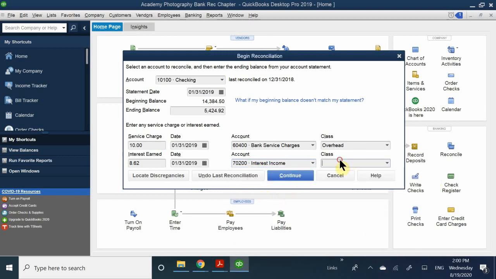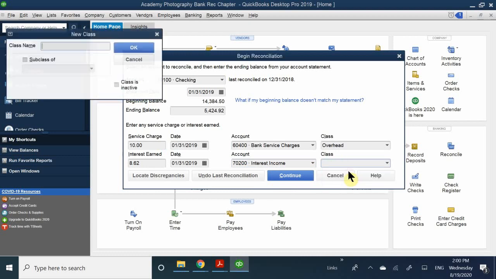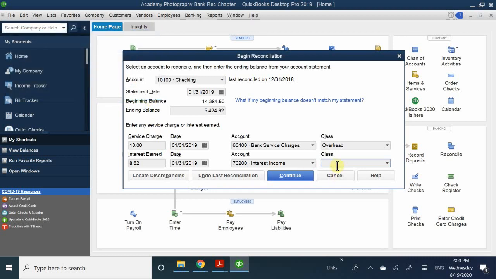Same thing, overhead, because it's dealing with the company in general. Okay, overhead. All right. Then the next thing is, we're going to go ahead and click continue.